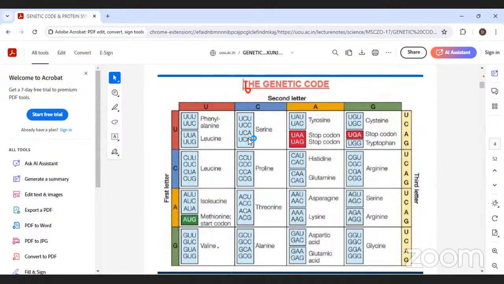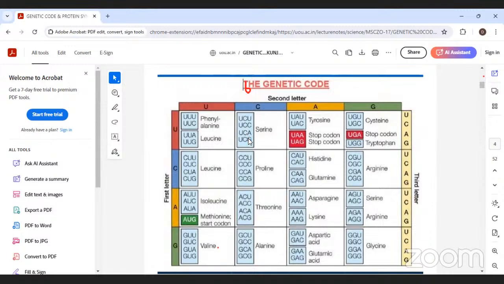If the code were not degenerate, only 20 triplets out of 64 would specify the 20 amino acids. Most of the one-step mutations would lead to triplets that would not specify an amino acid. The result would be unfinished polypeptide chains, expressed in the organism as defective mutations.